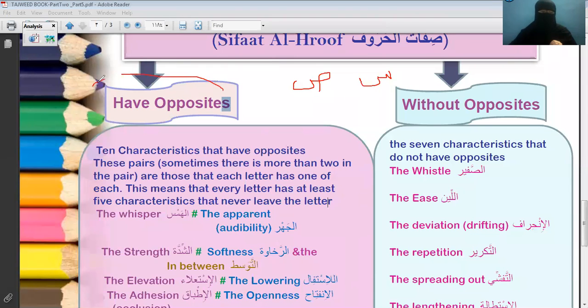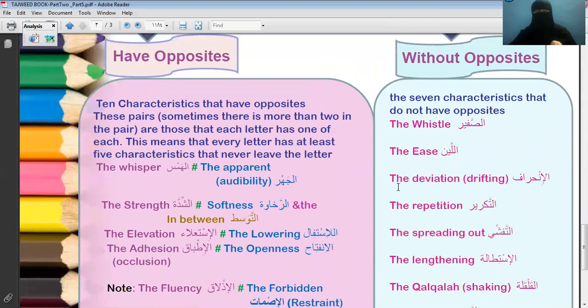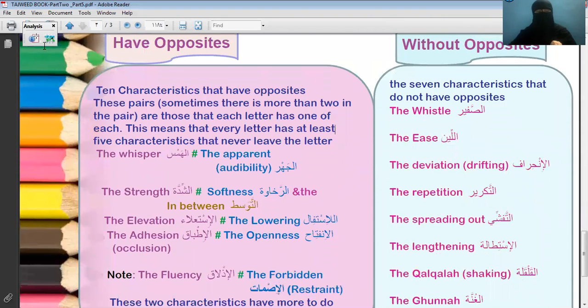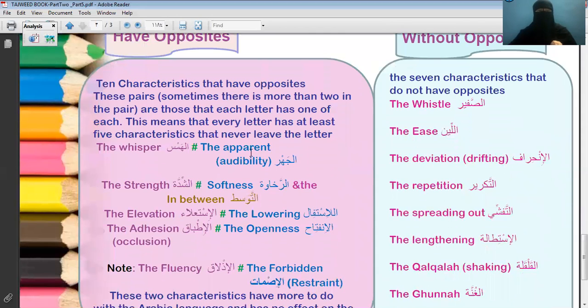Adjectives have opposites and adjectives without opposites. Those that have opposites are 5 only. The first one is called hams, the opposite of it, al-jahr.